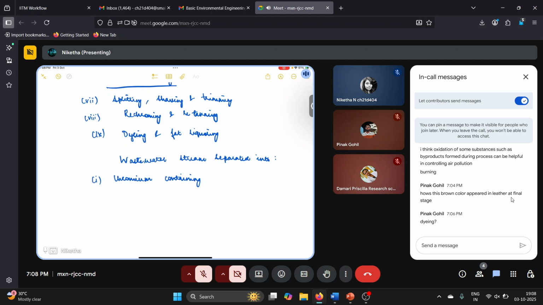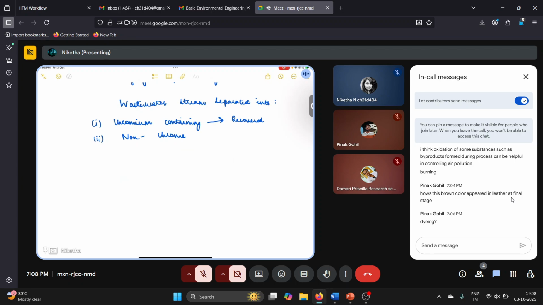And once the treatment is complete and the chromium is removed, it will be recovered and stored. And then there is the non-chrome wastewater, or wastewater that contains more of organics and which doesn't have any chromium.